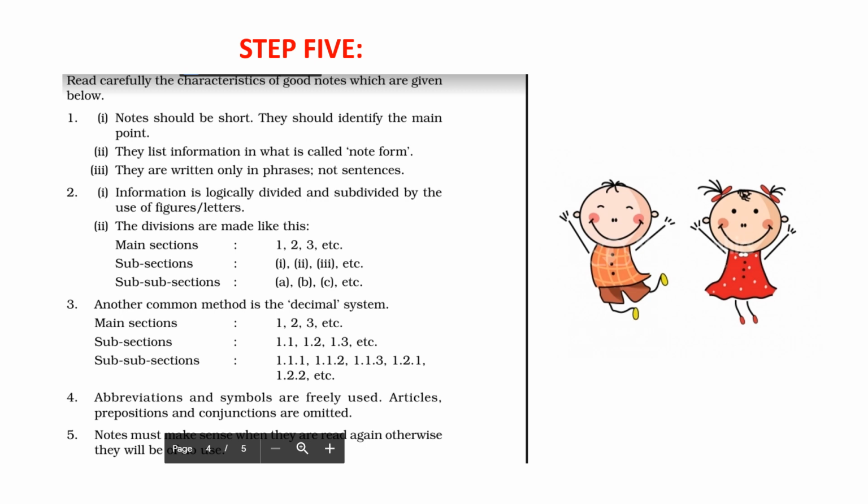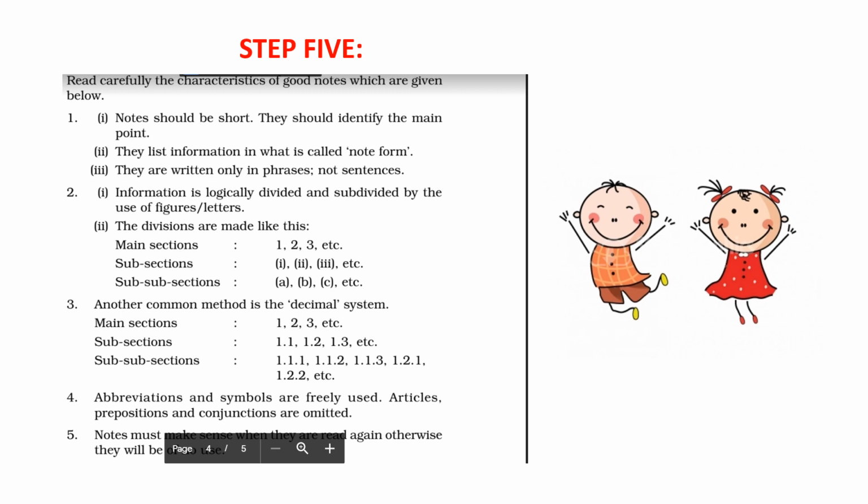Now, these are some of the methods which you can adopt in your indentation. I generally prefer and advise my students to follow the decimal system, which I'm just going to show you in the next slide. So all the abbreviations and symbols should be freely used.